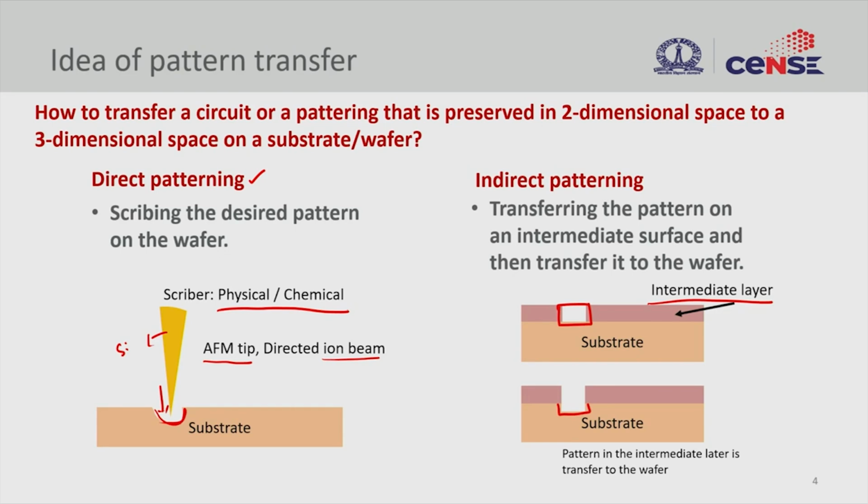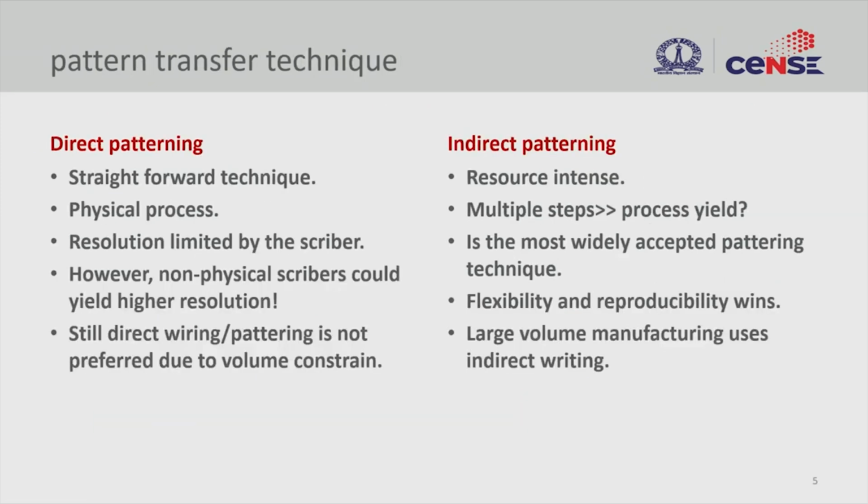So here we are removing the exposed part, and that is what we call indirect patterning. First transfer the pattern onto this intermediate layer, and then you transfer that intermediate layer pattern onto the substrate that we have. So this is what we call indirect patterning. All right. So this is the contrast between direct patterning and indirect patterning, right?